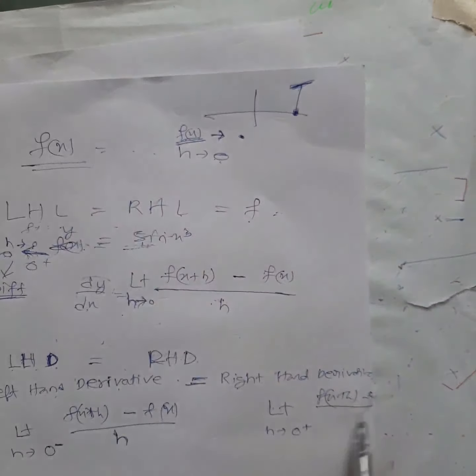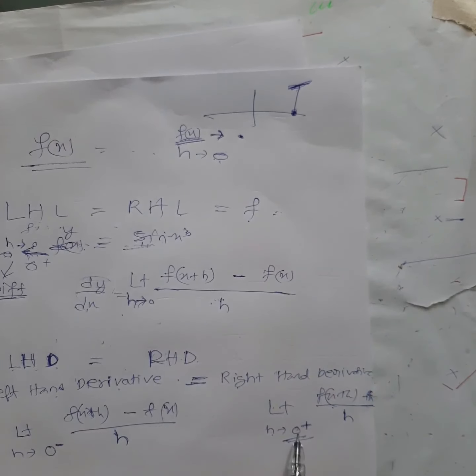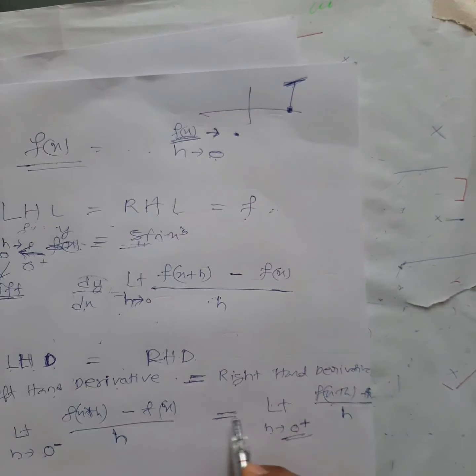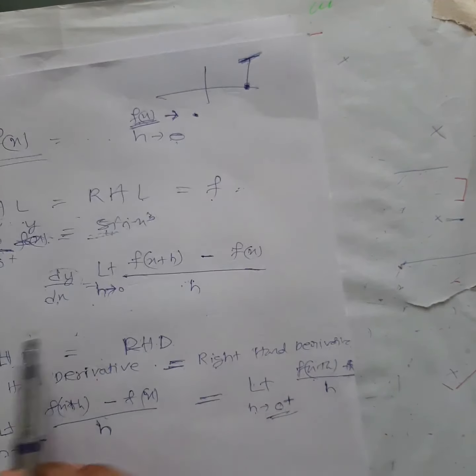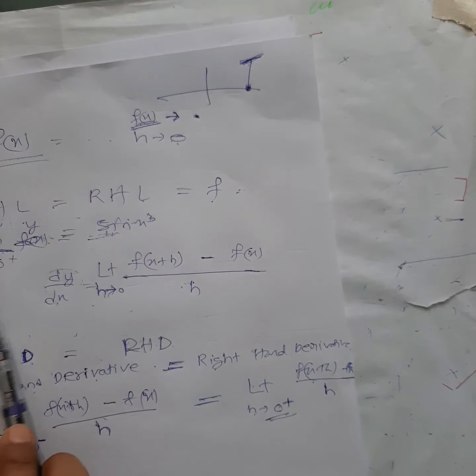This is the definition, the principle of derivative. We did this in class 11 also, right? This is the right hand derivative, h tending towards 0 from the right, and this is h tending towards 0 from the left. If these two are the same, equal, then we say the function is differentiable, okay.